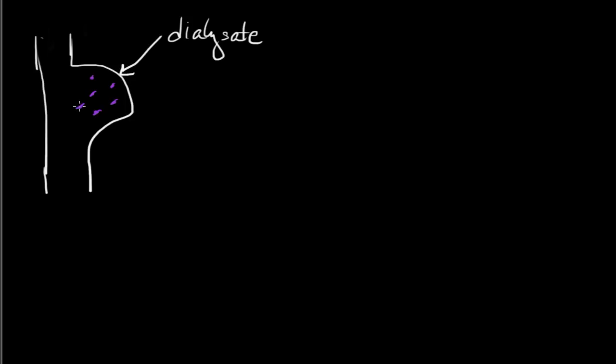Now the things that occur in PD are similar to the things that occur in HD. So let me just write this key here, and let's talk about some of the processes that are occurring. So we know that we're going to have diffusion of small solutes from the patient into the peritoneal membrane, and that's because the concentration of the uremic toxins in the dialysate is 0.